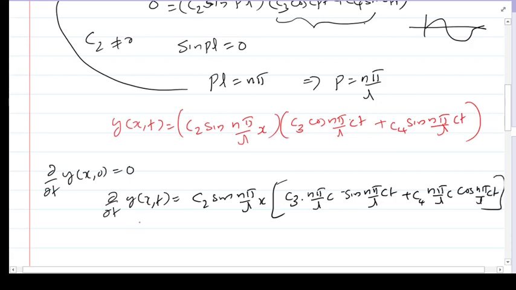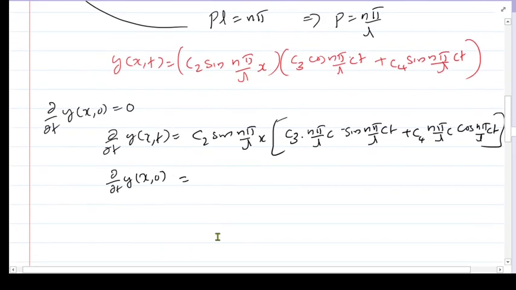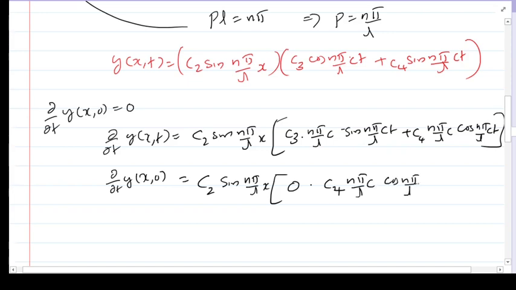But it is given that dou by dou t of y of x,0 equals 0. So we put t equal to 0 in this. What we get is C2 sin(n pi by L x) into, the sine term becomes 0, C4 n pi c by L cos.